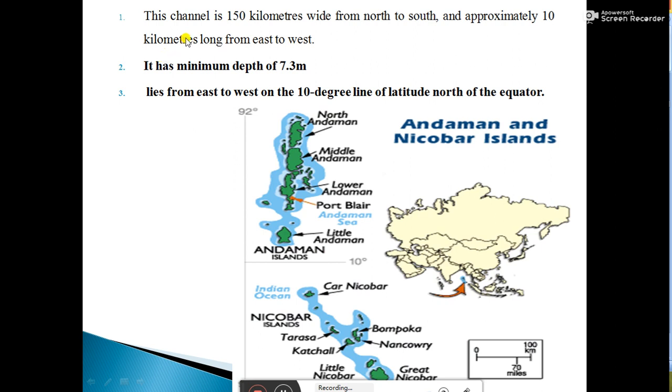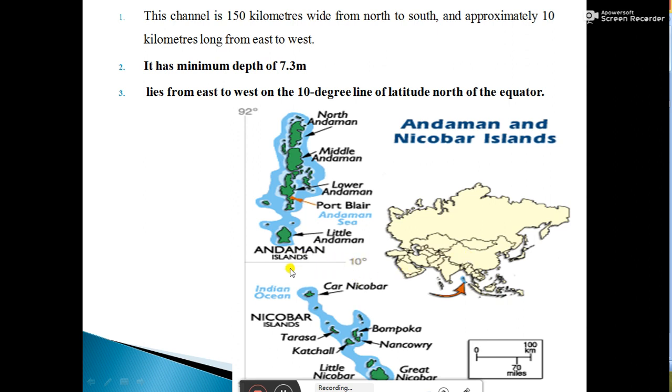Here is another piece of information about the 10 degree channel. This channel is 150 km wide from north to south and approximately 10 kilometers long from east to west.